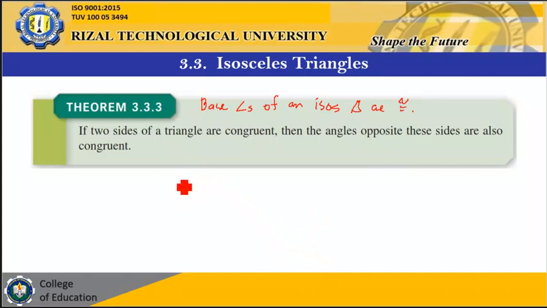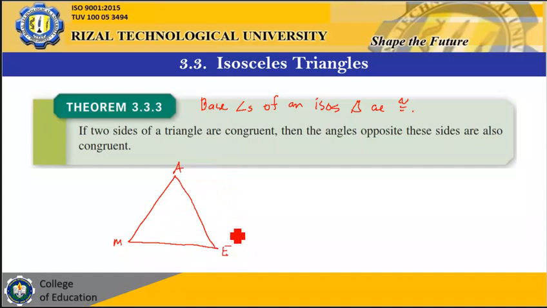So let's illustrate that again. Let's have an isosceles triangle, and let's name this one as triangle MAE.